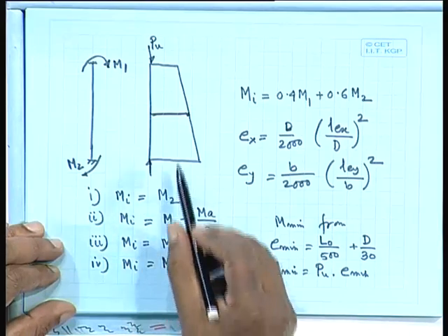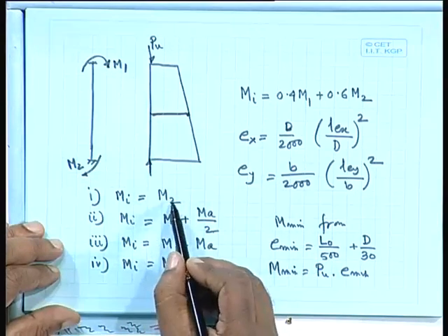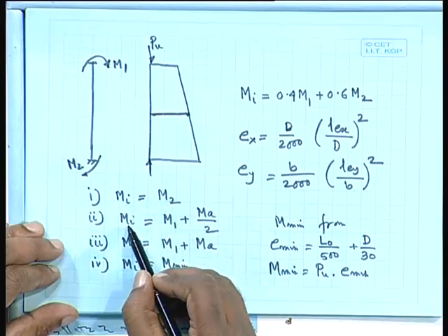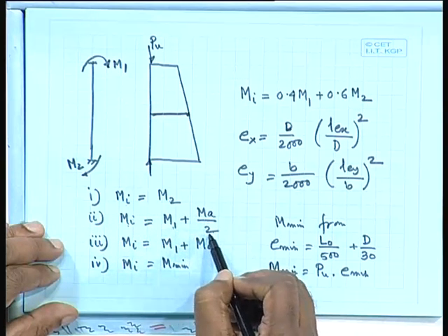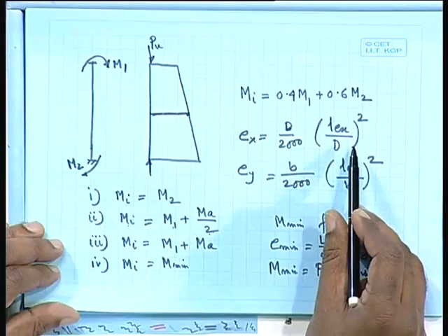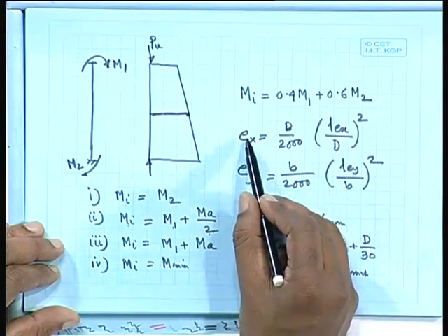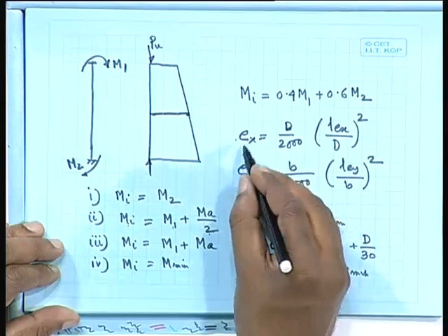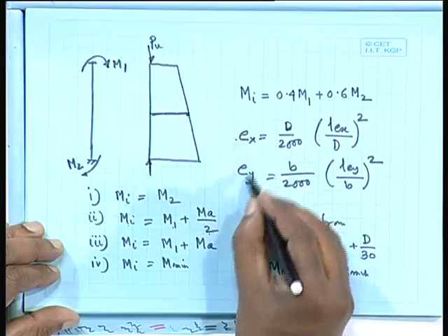That means, if we know M1, M2, I can find out Mi, the intermediate moment. Simply take the maximum one, Mi equal to M1 plus Ma by 2, that additional moment whatever you are getting due to your slenderness, multiplied by ex when you are talking along x. So, we are getting Pu times ex or Pu times ey.